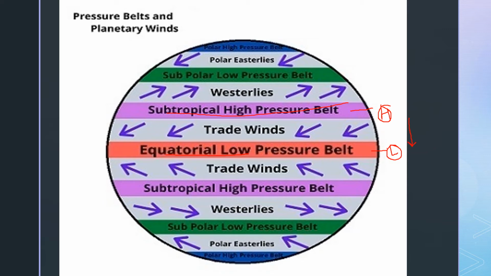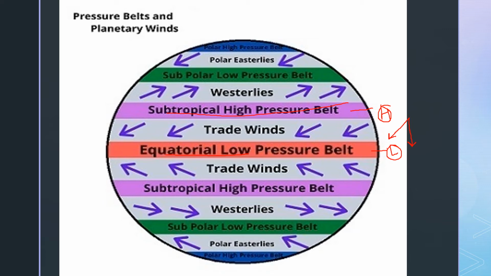But as we know, the Coriolis force will also exist here. Due to the Coriolis force, there will be a deflection towards the right in the northern hemisphere. So if we look in the direction of the wind, this is the right side. So the wind will get deflected to its right.